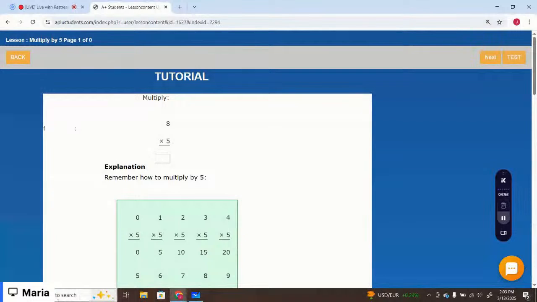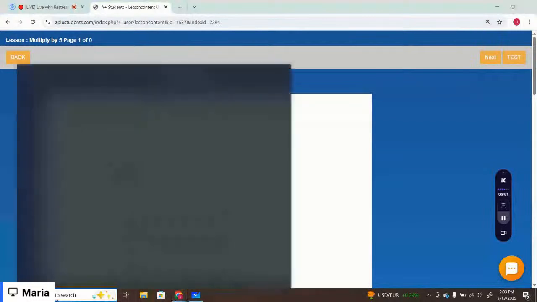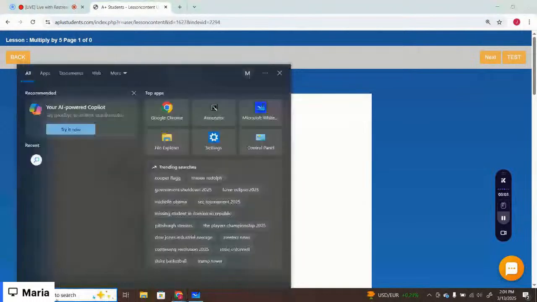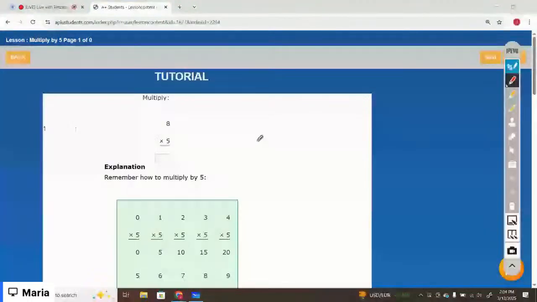Basically, multiplication is the same as repeated addition: 8, 8, 8, 8, and 8.